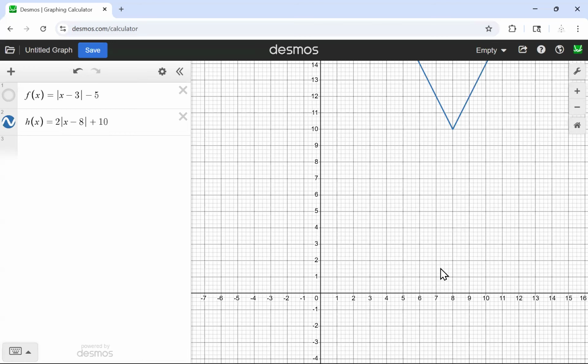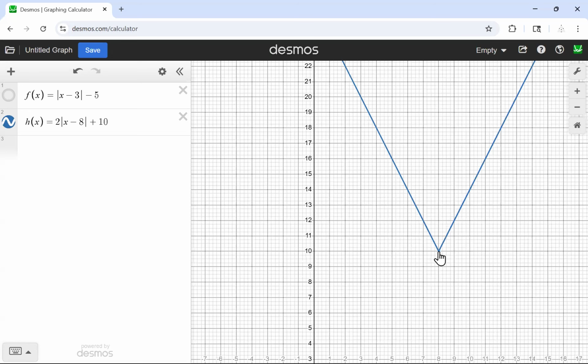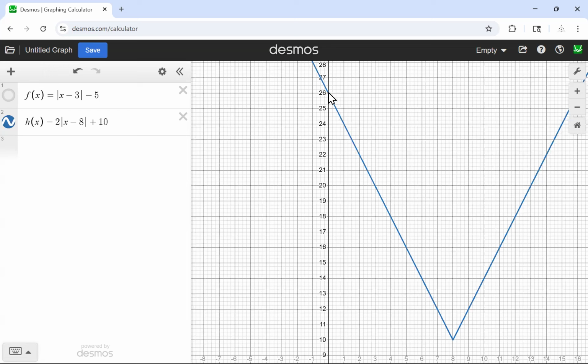And we get this. Again, vertex here is at (8, 10). And if I scroll over, we can see that it does hit the y-axis at the point (0, 26), just like we said. So those were our 2 influential points.